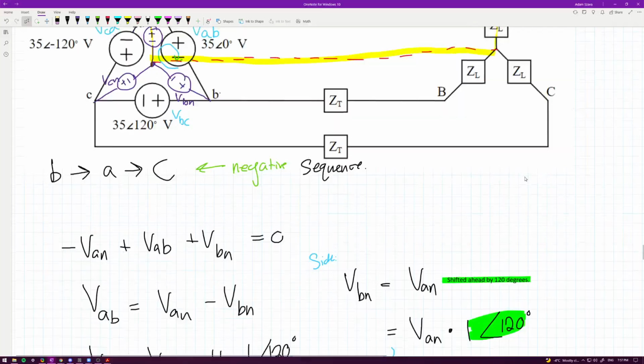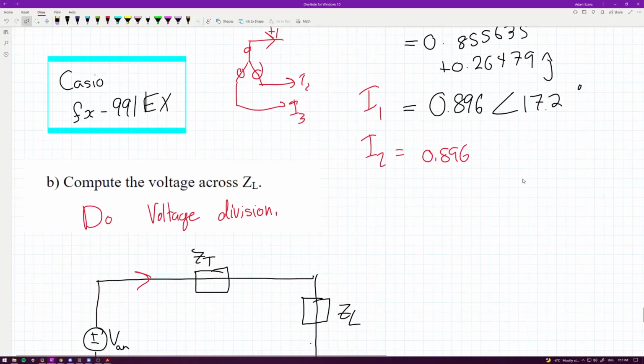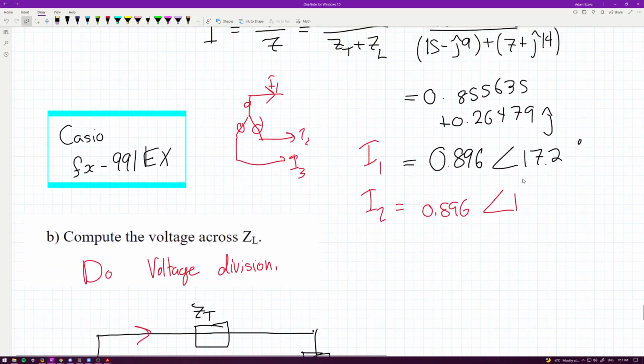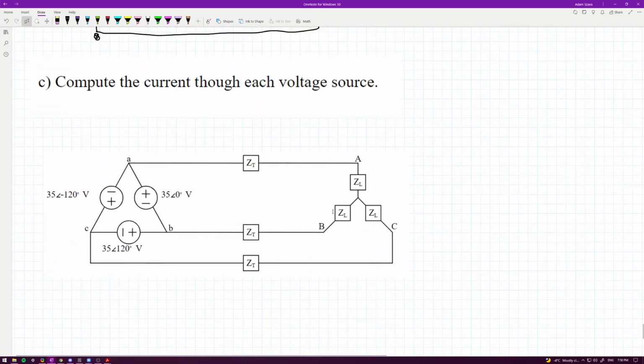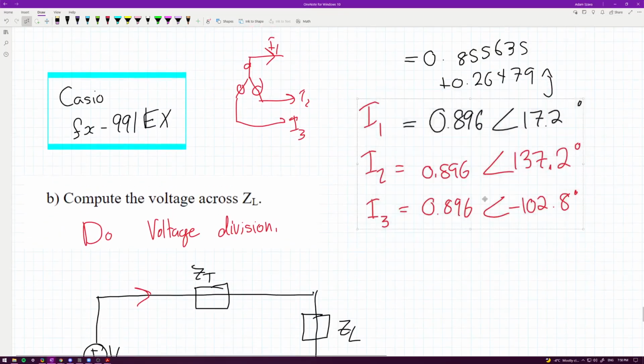B is ahead of A, so I want to shift this ahead by 120, so 137.2 degrees, and I3 is 0.896 at an angle behind I1 by 120 degrees, so 17.2 minus 120, I get negative 102.8 degrees. So if this question said compute the current through each voltage source in the Y configuration, these would be the answers.